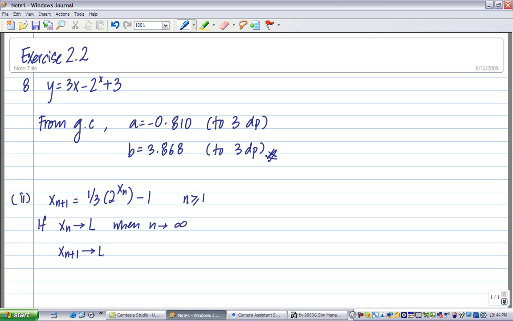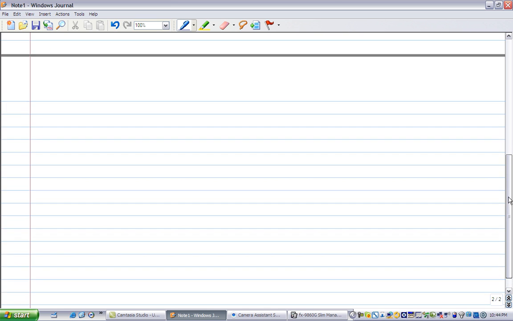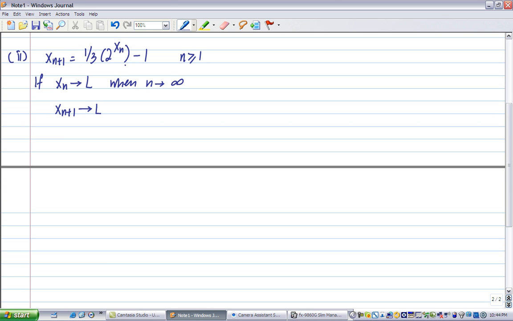So looking at the above equation, when n tends to infinity, x_(n+1) goes to L, and x_n also goes to L. So we have L equals 1/3 (2 to the power L minus 1).